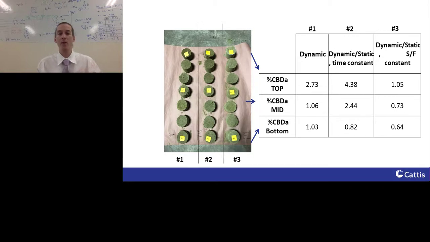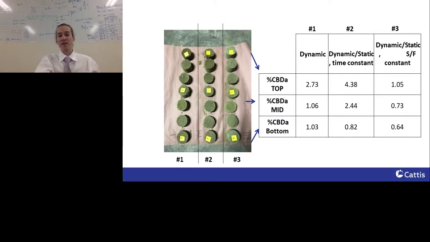And in the dynamic run, we've calculated that we're leaving behind 2.73% of CBD all the way on the top of the vessel. And on the bottom of the vessel, we're leaving behind 1.03% of CBD. In trial 2, where the conditions were not optimized, we left behind 4% CBD and 0.8% on the bottom of the vessel.